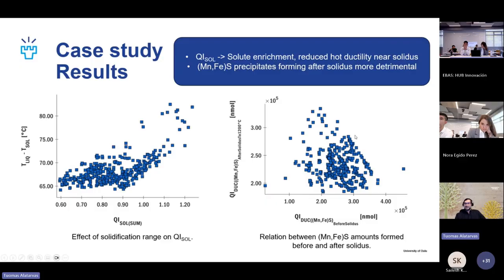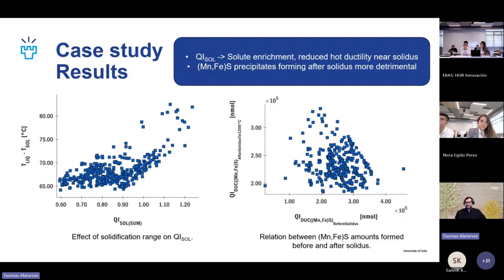And on the manganese sulfide side, we can see the amount of the manganese sulfides forming before and after solidus, and try to optimize the formation temperature, because it is known that for defect formation, these precipitates forming after solidus are more detrimental.